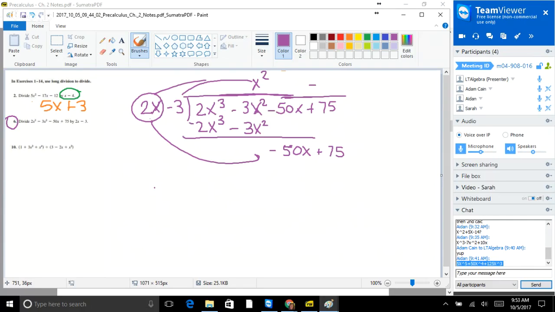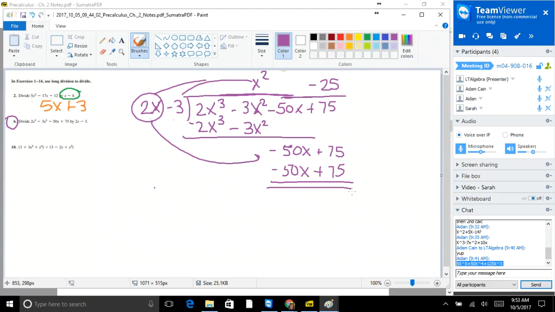So I want to put negative 25 down here because that goes in my constant slot. So negative 25 times 2x gives me negative 50x. And then negative 25 times negative 3 gives me positive 75. And that's nice. They work out nice and easily, right?